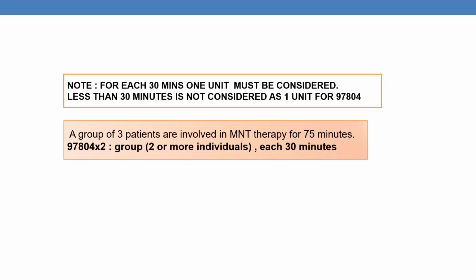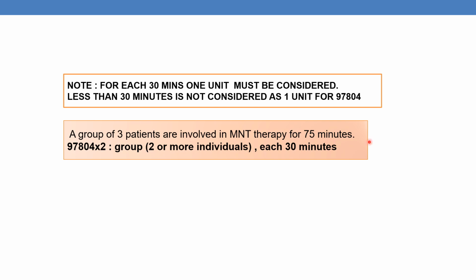Now, let us see an example. One important note is for the CPT 97804, it indicates for each 30 minutes, 1 unit must be coded. That indicates less than 30 minutes is not considered as 1 unit for 97804. Now let us see an example. A group of 3 patients are involved in MNT, medical nutritional therapy, for 75 minutes. 75 minutes is contributed by 2 units of 30.